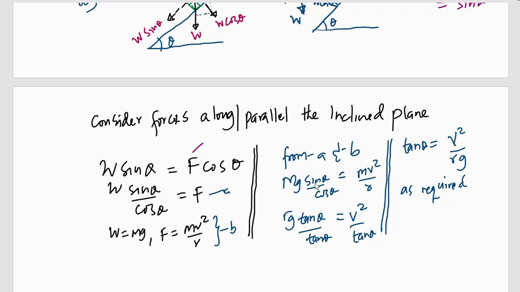Remember, if it is mg times sine theta out of cos theta, I cancel the m and m, then I move r this way so that I have rg tan theta equal to v squared. If I divide both sides by tan theta, I will have rg equal to v squared out of tan theta. So if I bring tan theta this way, I will have tan theta equal to v squared out of rg, and this is as required. Thank you so much.